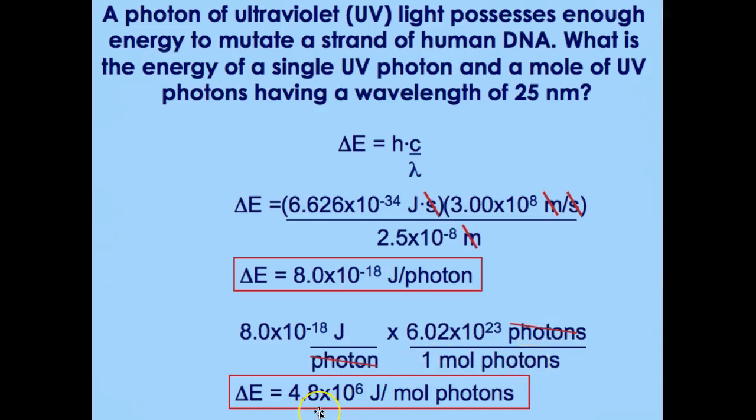And we see that the energy here for UV photons that have a wavelength of 25 nanometers is 4.8 times 10 to the 6 joules per mole of photons. So we're talking 4.8 megajoules of energy that is emitted for a mole of photons that we're exposed to. That's a fair amount of energy.